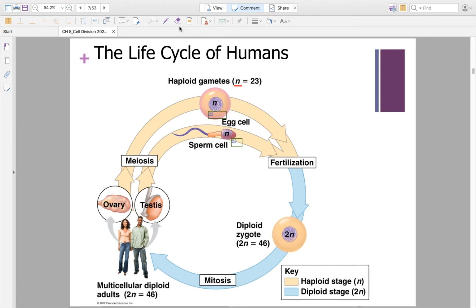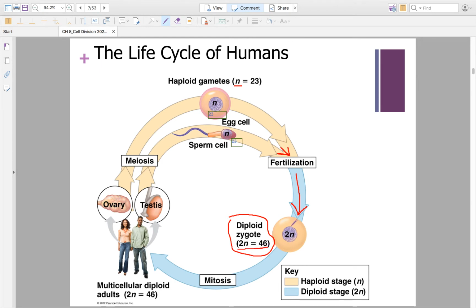They're going to fuse together through fertilization, and everyone begins life as a single-celled diploid zygote with 46 chromosomes. So yes, it's 2n equals 46.